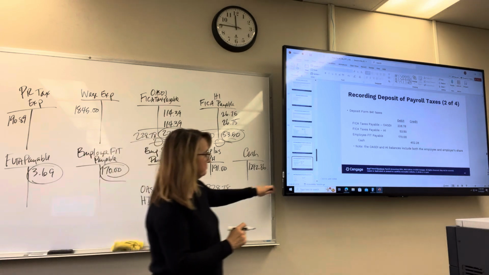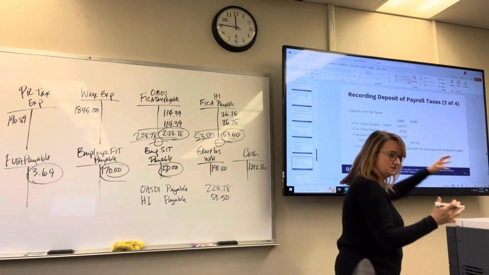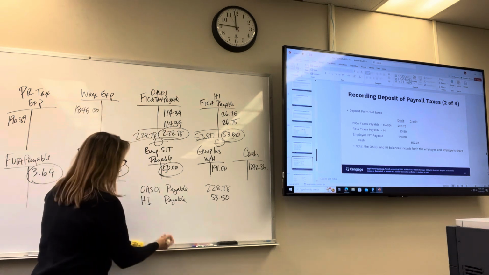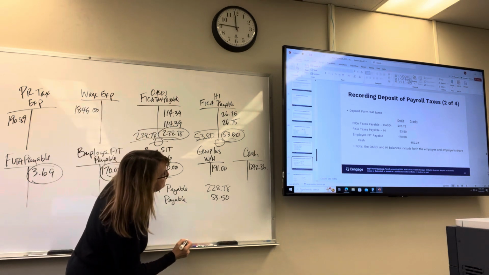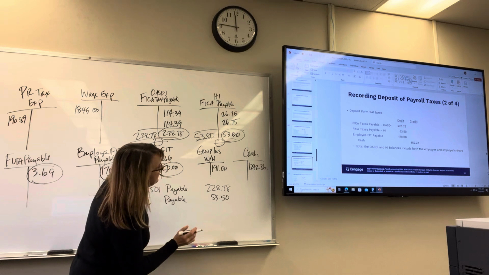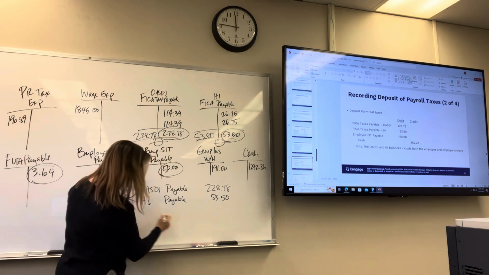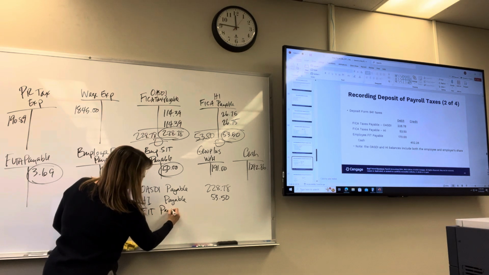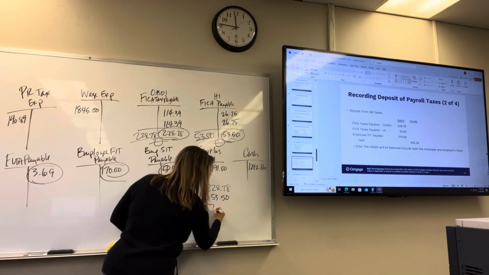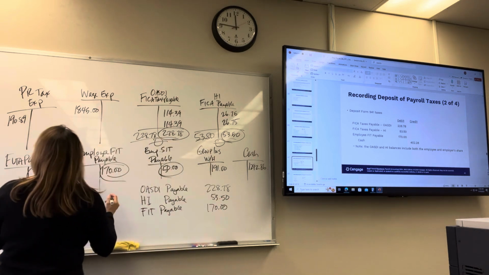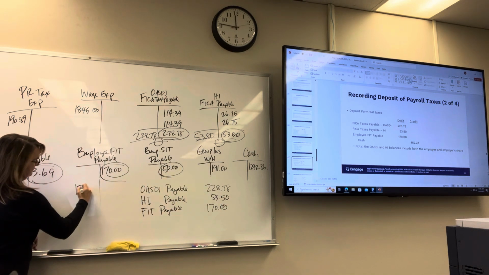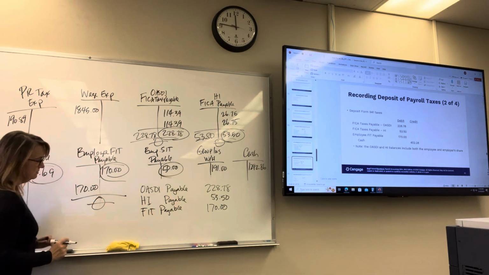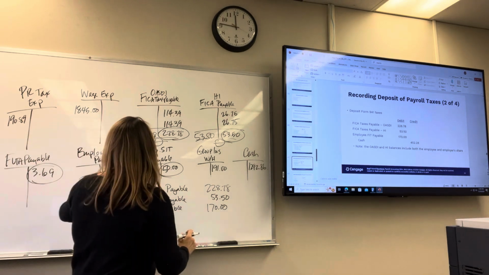There'd be a separate entry for the SUTA since that's going to a separate payee. Actually, they don't even have the FUTA taxes here. They just have the employee federal income taxes payable, about 170. So again, there'd be a debit, and now our balance would be zero in that account.